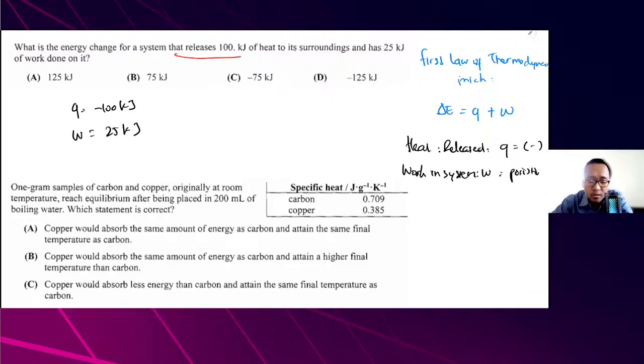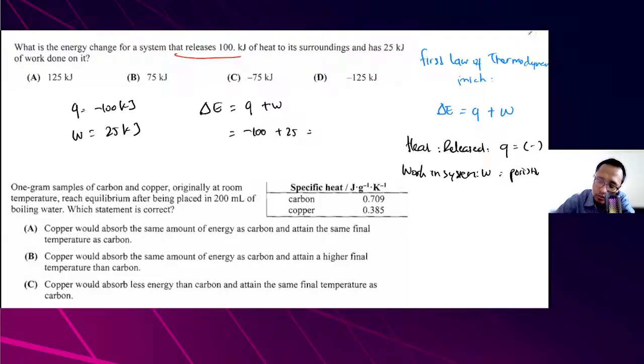All right. So now just plug into the formula, delta E, the internal energy, is Q plus W. Q, what we have here, is minus 100, and then plus 25 kilojoules.